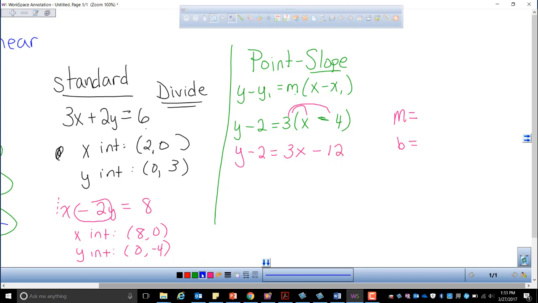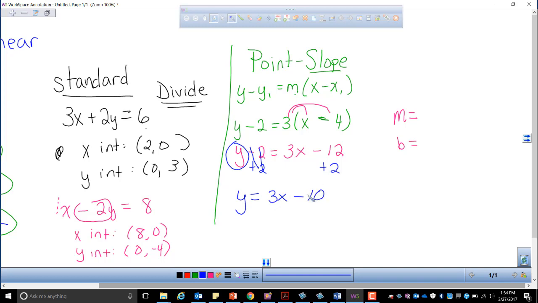And then I have to do a little bit of algebra. I want to get the y all by itself. So I'm going to do plus 2, because I want the y by itself, so I have to do the opposite of minus. The opposite of minus is plus, and so those cancel, and then I'm going to add it to this side. So y equals 3x minus 10.